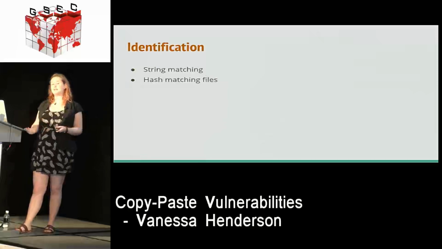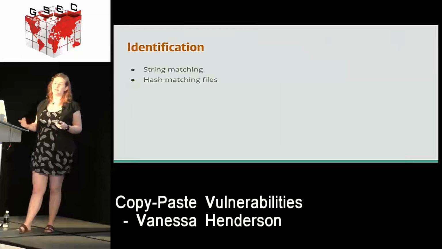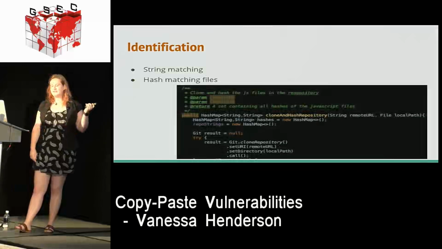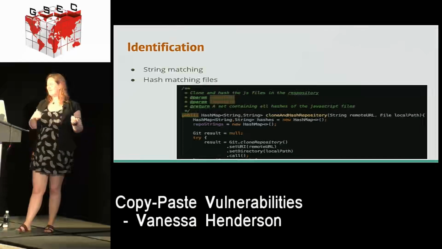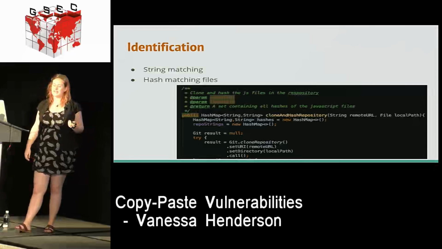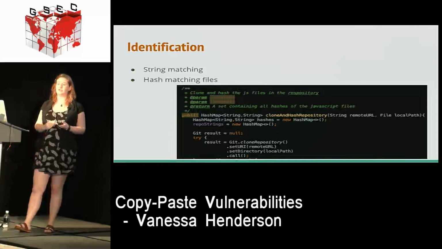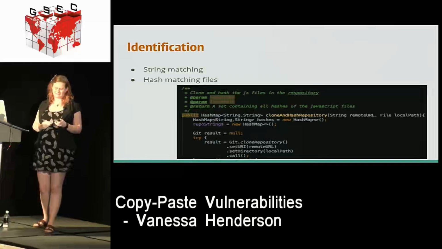Whereas the string matching helped identify concatenated files, as well as people who had just taken a subset of the file and taken it to their code. And so here you can see I'm cloning each repository that I'm scanning, and then I'm walking through the tree of files and hashing each one and searching each one for our vulnerable strings.